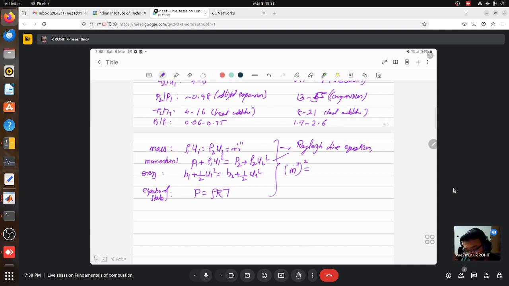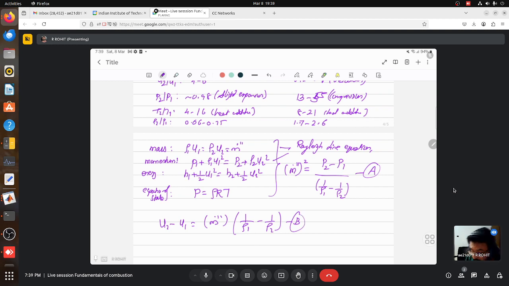So the mass flux square is nothing but P2 minus P1 divided by 1 by ρ1 minus 1 by ρ2. So this is your Rayleigh line equation. Using the same procedure, you can get the expression for change in velocity, that is u2 minus u1, which is nothing but your mass flux times 1 by ρ1 minus 1 by ρ2. So this is also one more important relation that you have.